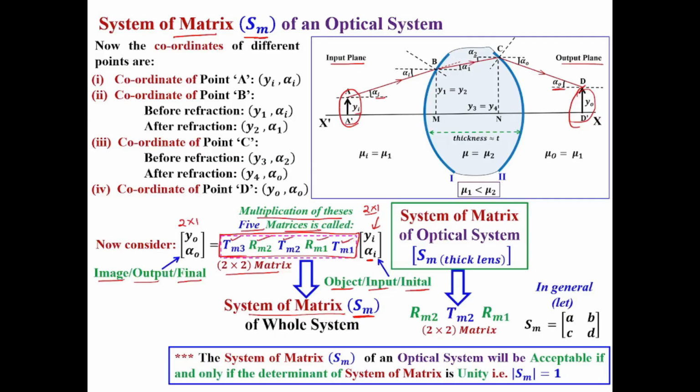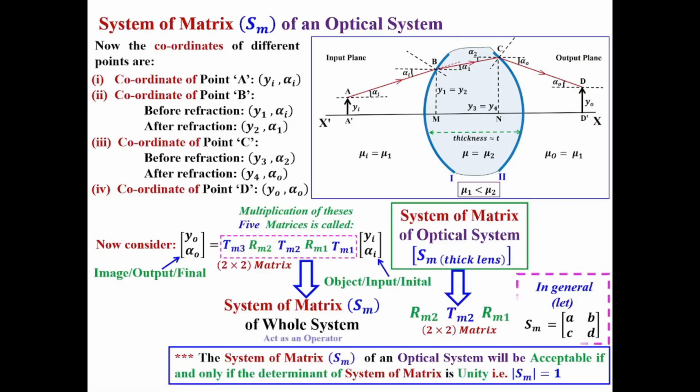We discussed this in detail. So this equation can also be written as Yo alpha O is equal to, instead of the multiplication of these 5 matrices, simply SM yi alpha I.